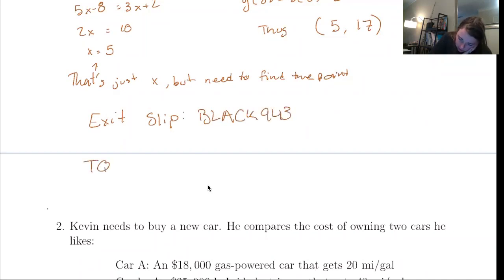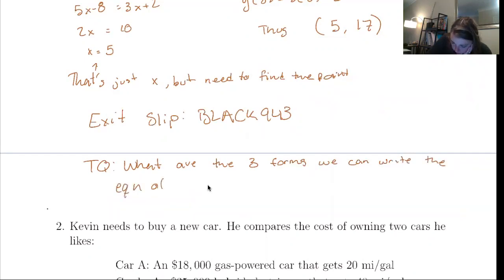And your teacher question of the day is going to be, what are the 3 forms we can write the equation of a line as? I don't think that's the English way of writing that, but whatever.